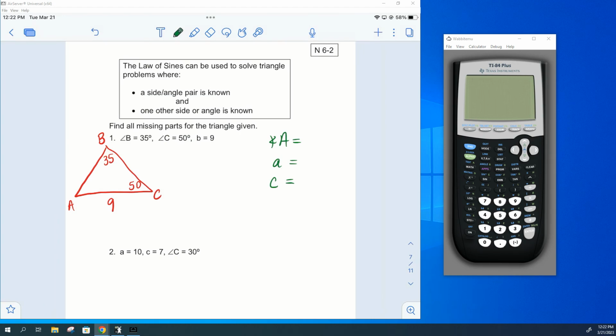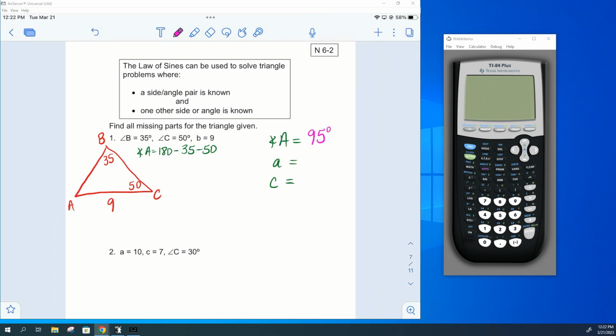And of course it is. That's what I would go for first. Because with angle A, I would do 180 minus 35 minus 50, and that gives me angle A to be 95 degrees. I won't even touch my calculator for that one.